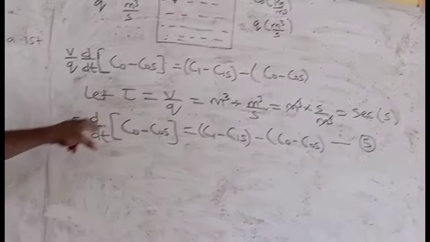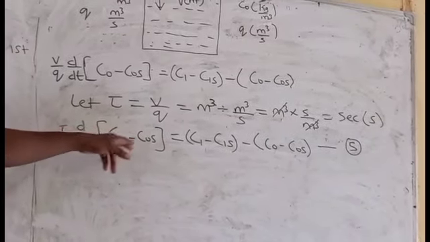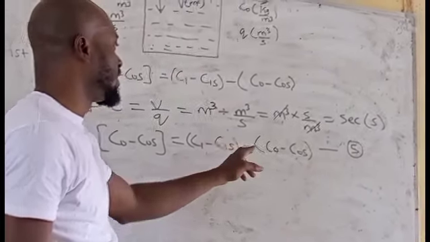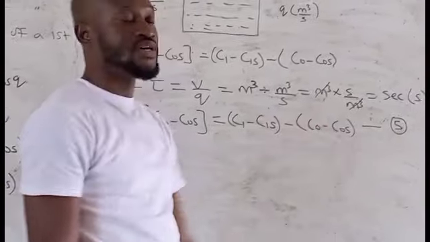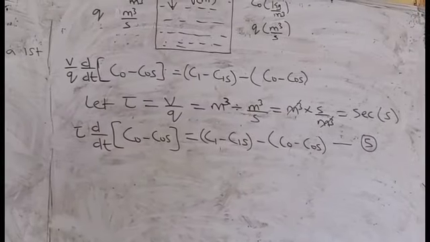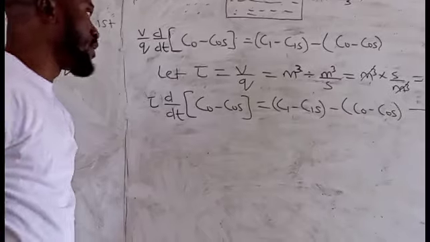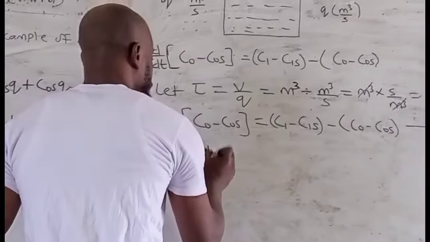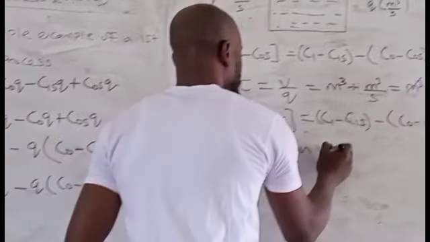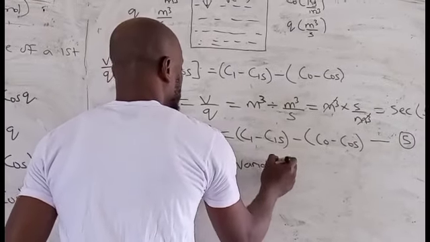So I say this d over dt multiplied by this is equal to C1 minus C1S minus the bracket C0 minus C0S. So now I've gotten equation 5. From here I'm going to introduce deviation variables.